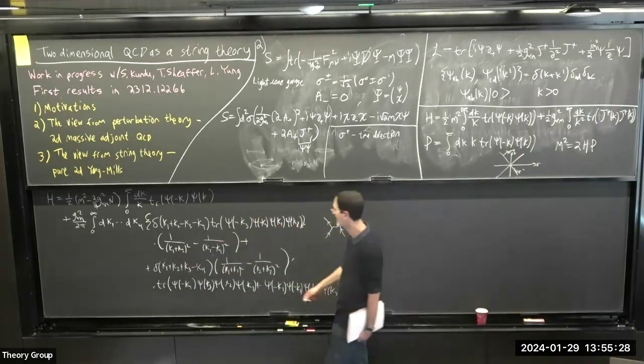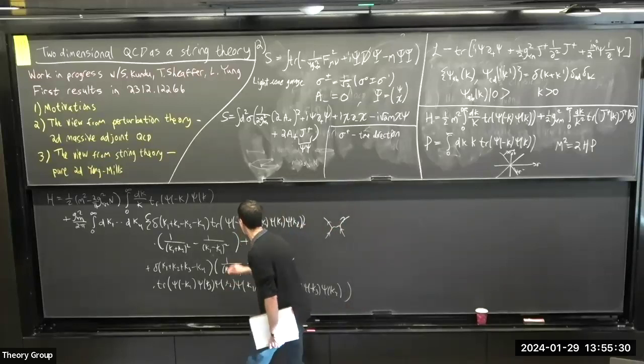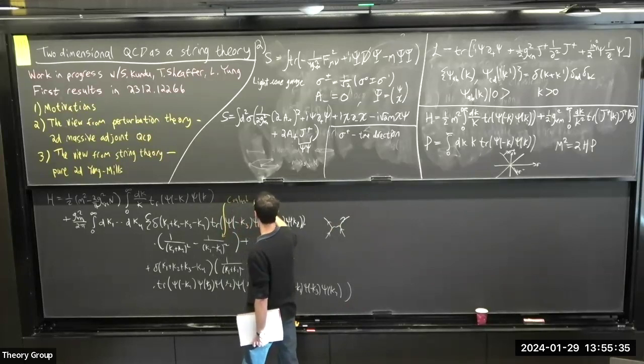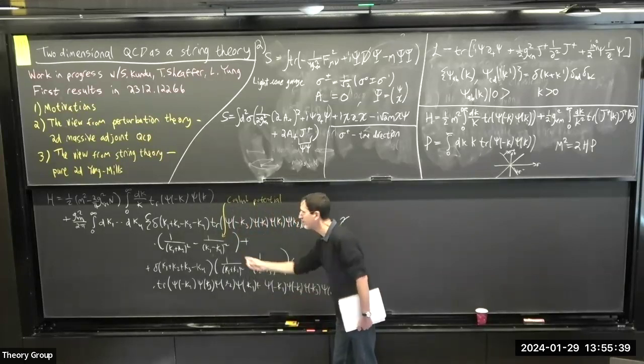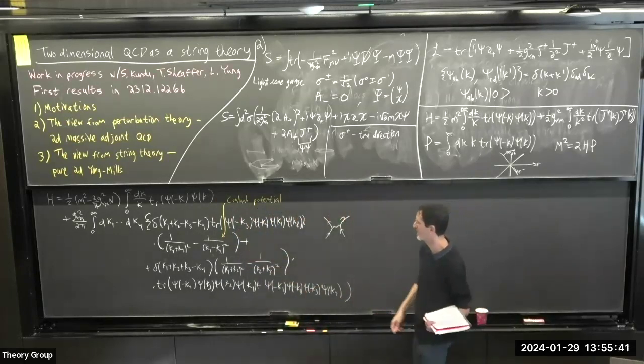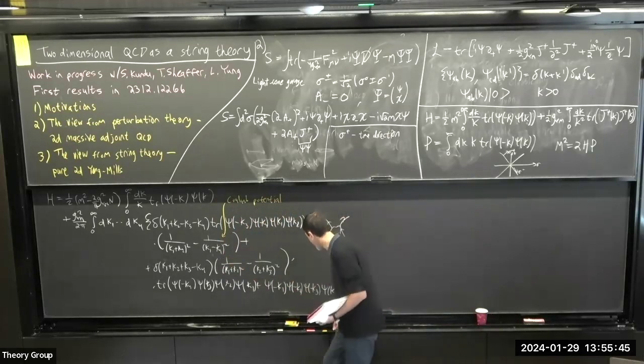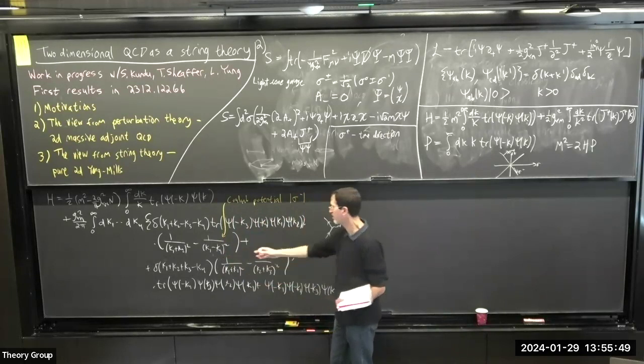So this term is just the Coulomb potential written in the language of the light cone frame. You'll recognize that the Fourier transform of 1/k squared in one spatial dimension is the absolute value of sigma minus, which is the Coulomb potential.